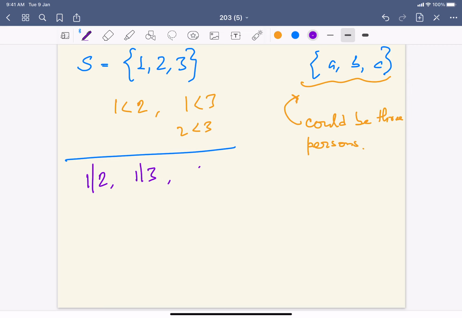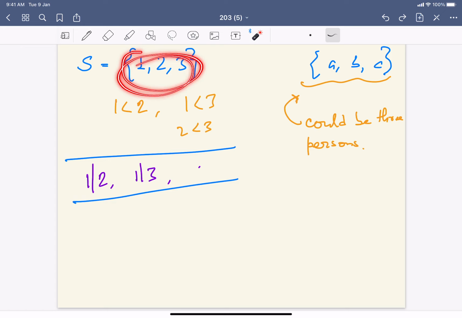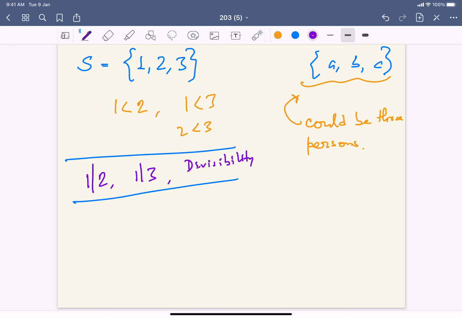So this is also a relation. There are also a few relations between these integers. So this is a divisibility relation. Okay, great. So you're trying to record this information in a somewhat nice manner.